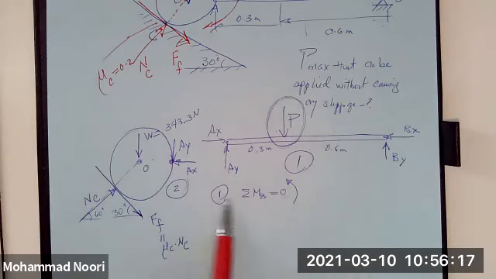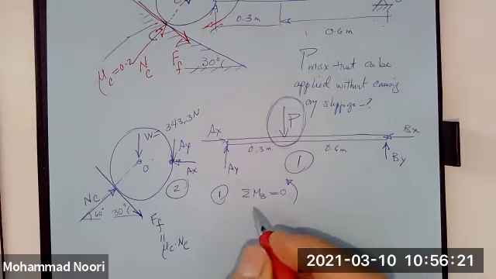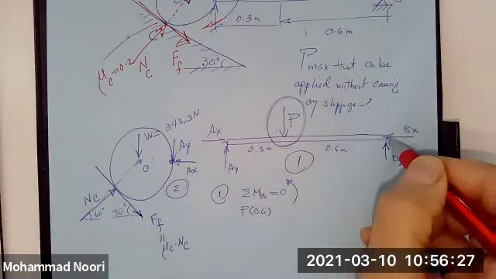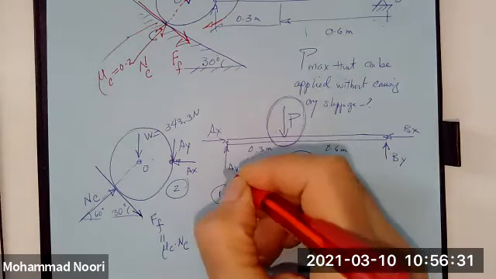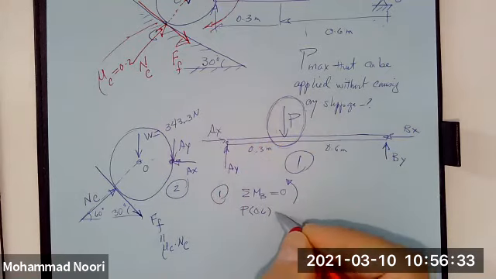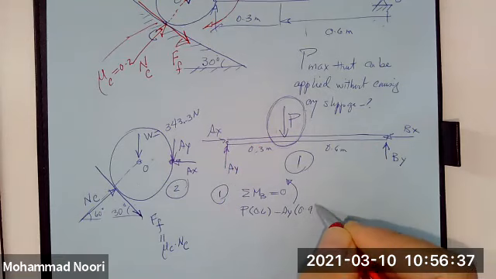And I see that if I write summation of moments about B is equal to 0, this would be the equation: P times 0.6, taking summation of moment. This would generate a positive moment. And the only other force that generates a moment is AY.